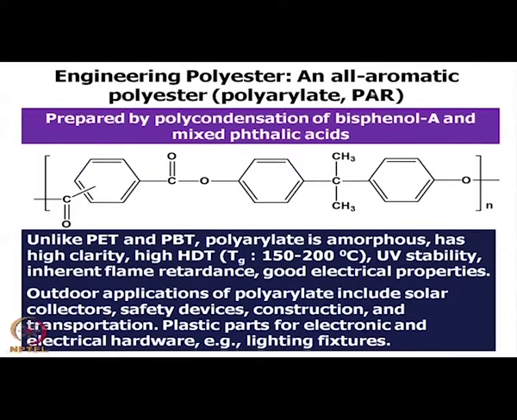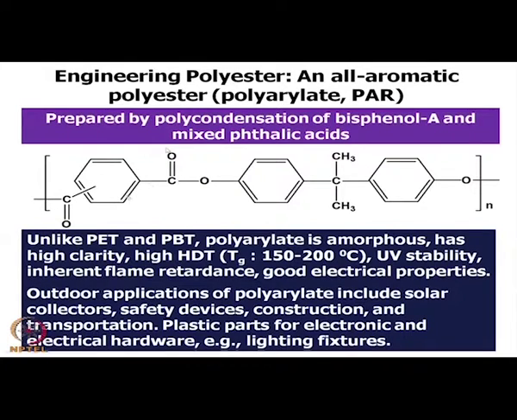Now, this all aromatic polyester can be prepared by polycondensation of bisphenol A and mixed phthalic acid. This is the bisphenol A moiety, this is the bisphenol A moiety, having this up to this O and this O here. And this is the diacid part.